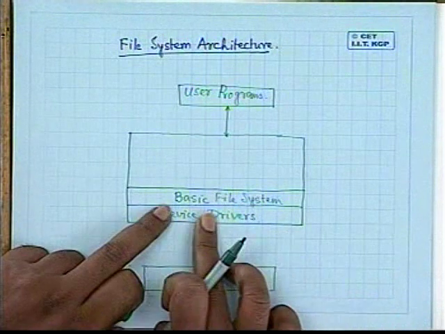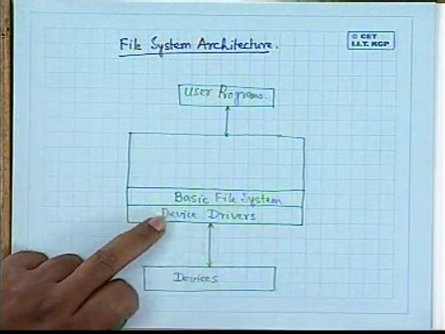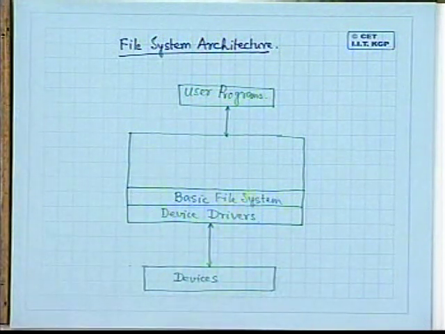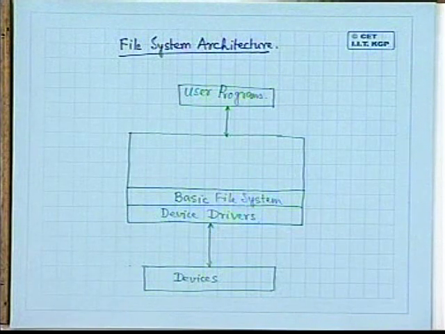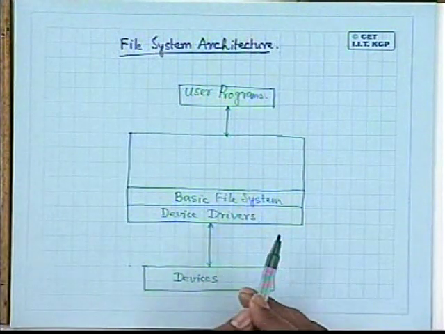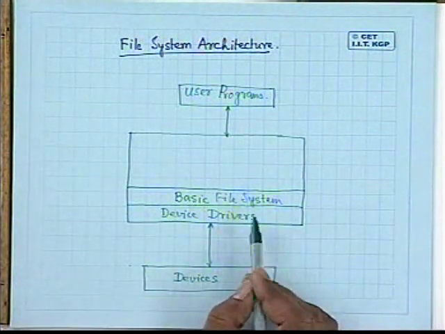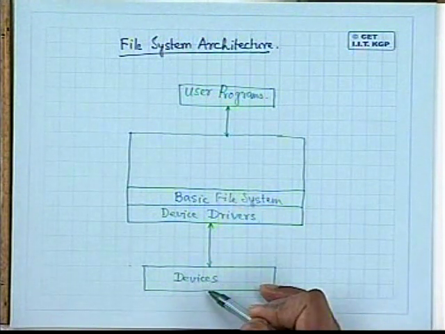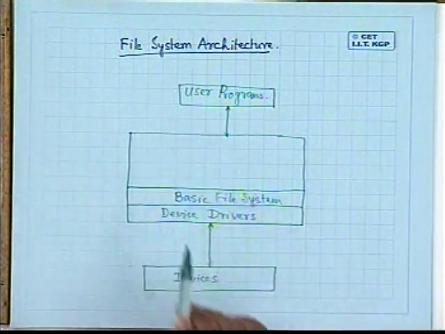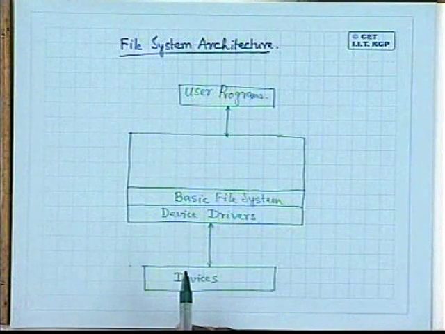And what are the responsibilities of the basic file system? Say for example, in case of block data, it deals with blocks of data, and it does not understand what the content of that block is. So getting a block of data from the device and placing it within a cache, the buffer cache, will be the responsibility of the basic file system.